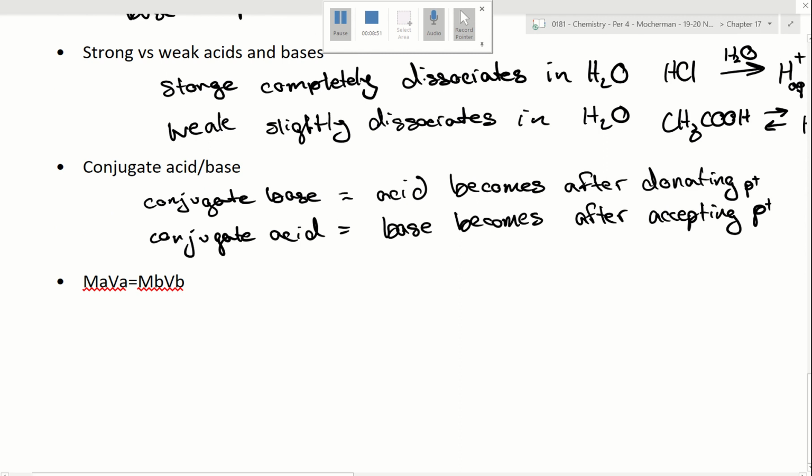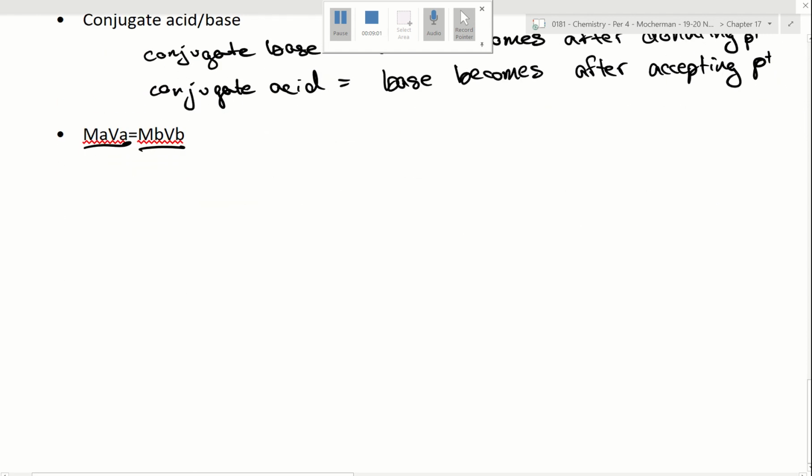And then the last thing that you need to know for the test on Friday is our neutralization reaction for a titration. So if we have something like NaOH plus H2SO4, we have to balance the reaction.